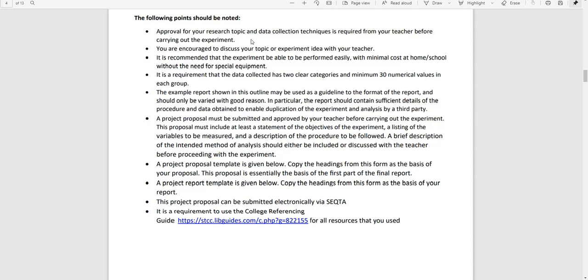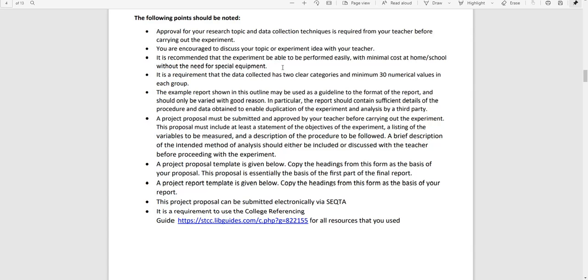If you try to just collect categorical data, this assignment will not work. So you need to put a proposal forward so your teacher can say, yes, that will work, go for it. Or, oh no, that's not going to work, how about this instead? It's not about trying to stop you from having fun. It's mostly trying to make sure you can actually do the assignment. So, talk to your teacher about the topic that you want to do.